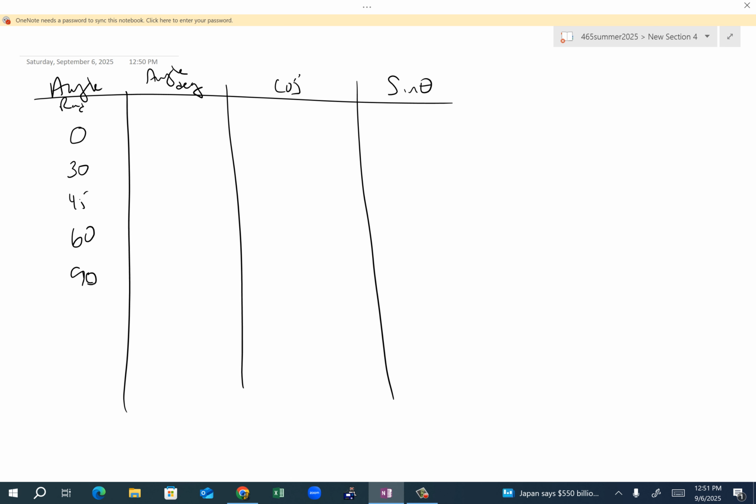Those are the biggies, if you recall. 180, I should probably throw on there just for fun. Oops, I got those backwards. So this is the angle in degrees first. Angle in radians we'll do second, I guess, because 0 radians is 0 degrees. That's kind of cool.